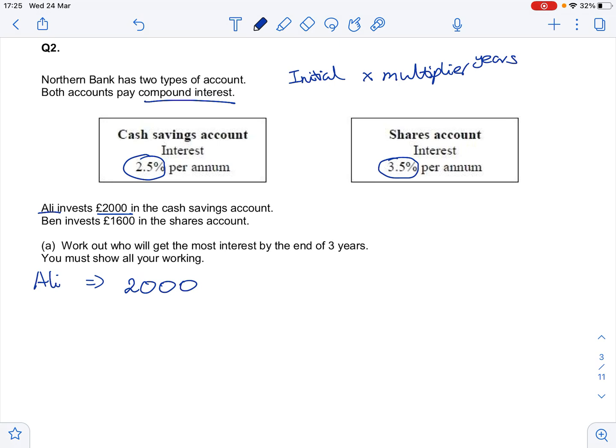Then the multiplier, which is 100% plus 2.5, which is 102.5. Change that into a multiplier by dividing by 100. So we know our multiplier is 1.025. Multiply by the multiplier to the power of years, which is 3 years.